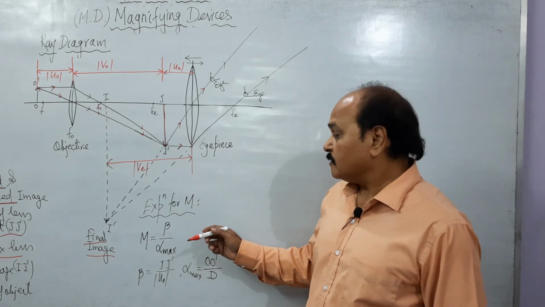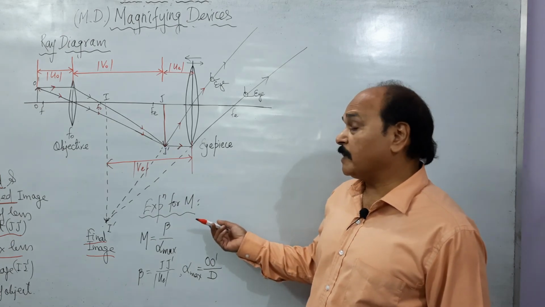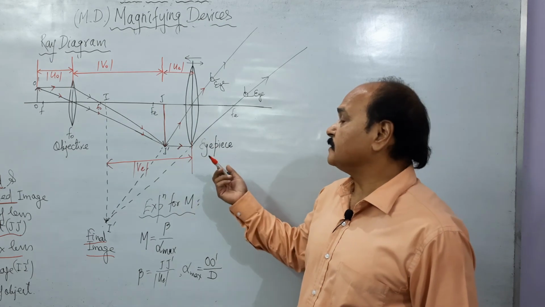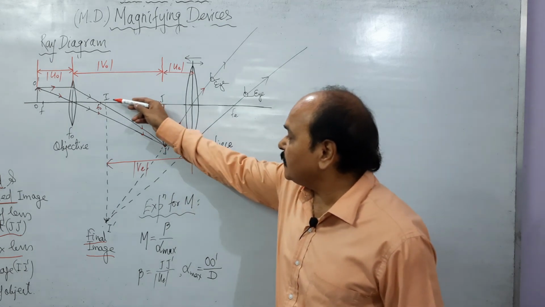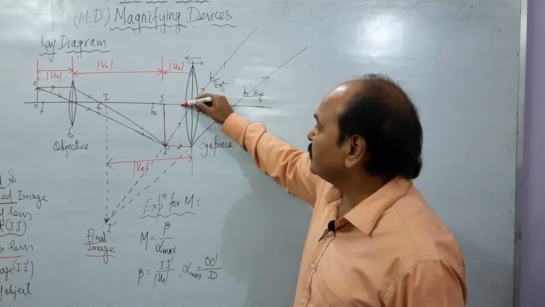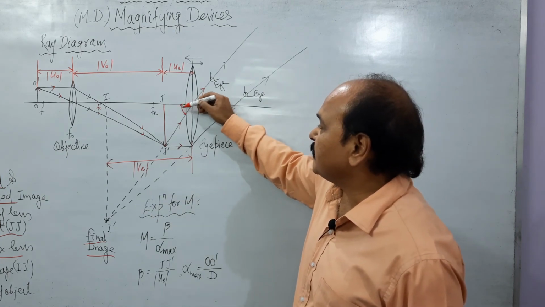Beta is the final visual angle formed by the final image over the eyepiece. So this is II dash, and it forms an angle beta over the eyepiece, and this is beta.